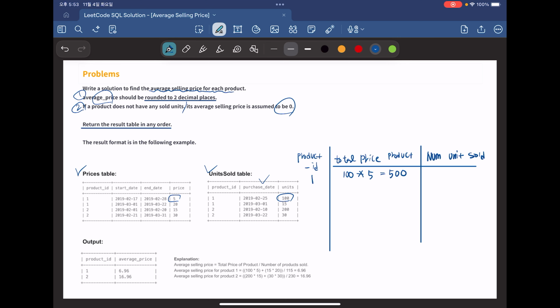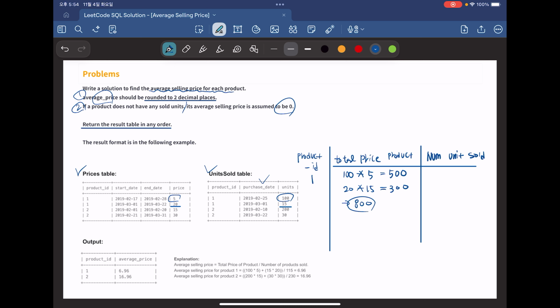And for the other row of product ID 1, the price and units are like this, and this is 20 multiplied by 15, so it is 300, right? So the total is 800.